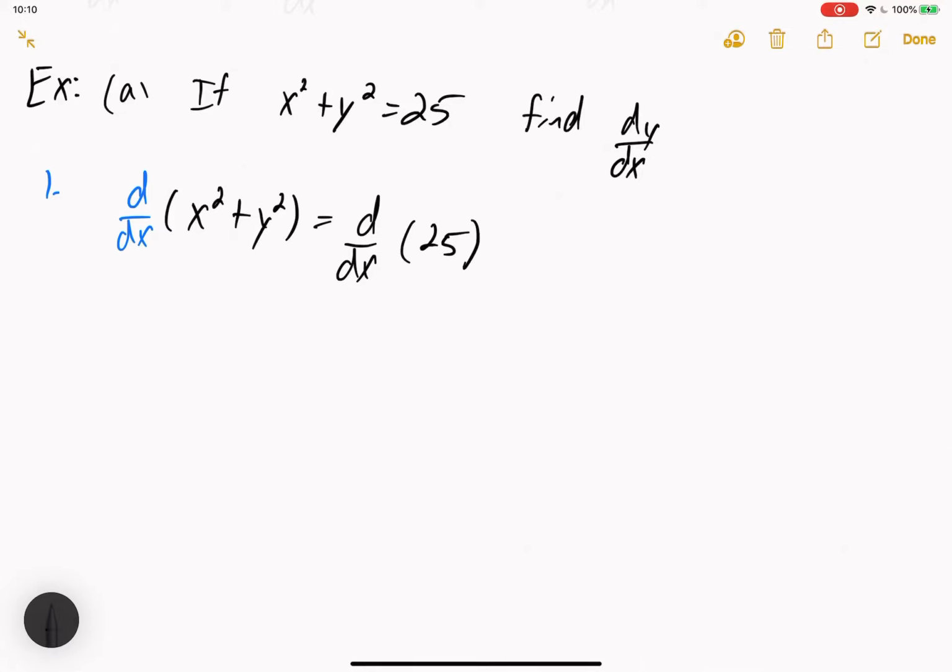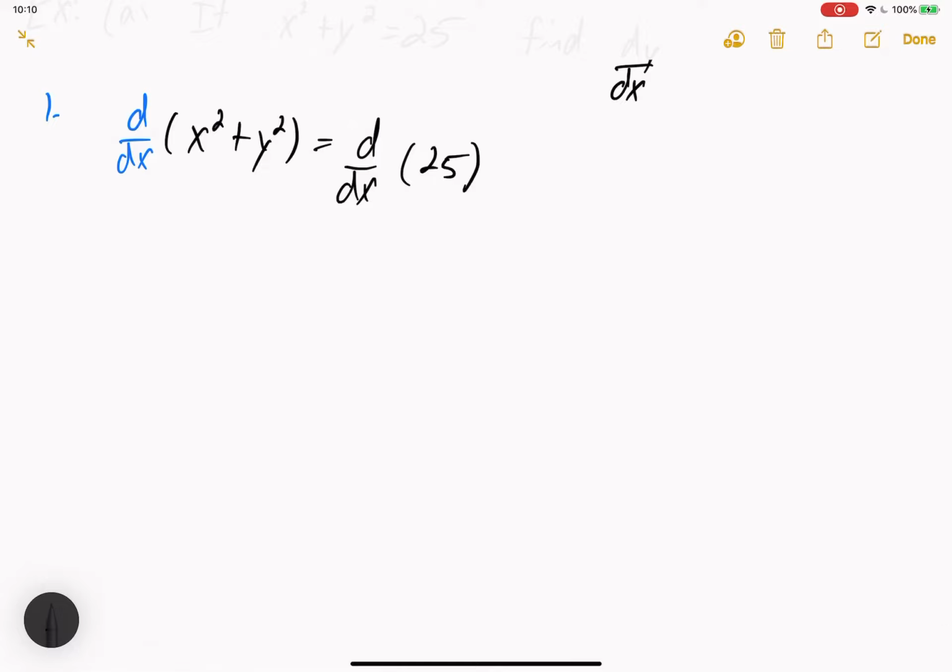So this is what it means to differentiate both sides of the equation, and now we just actually take the derivative. So we're going to break it up over the sum, so we get d of dx of x squared plus d of dx of y squared, and then the derivative of a constant is equal to 0, so equal to 0.